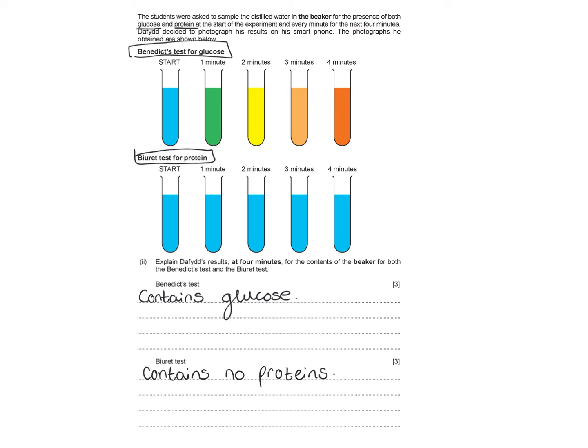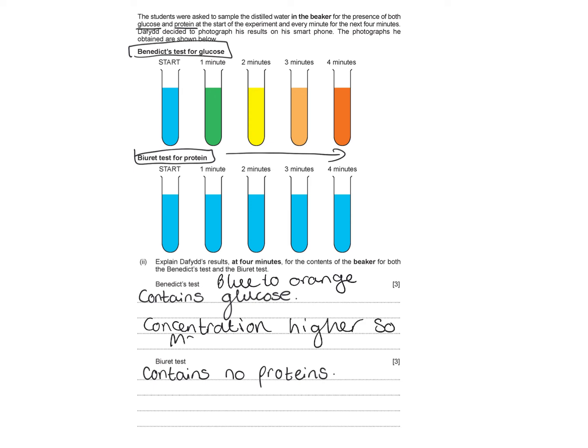So you can already see the colour change, okay? So Benedict's goes from blue to orange in the presence of glucose, okay? As you can see, the concentration gets a lot higher, so that means that a lot of glucose is being produced. So more glucose is being produced, okay, as the 4 minutes carries on, okay?